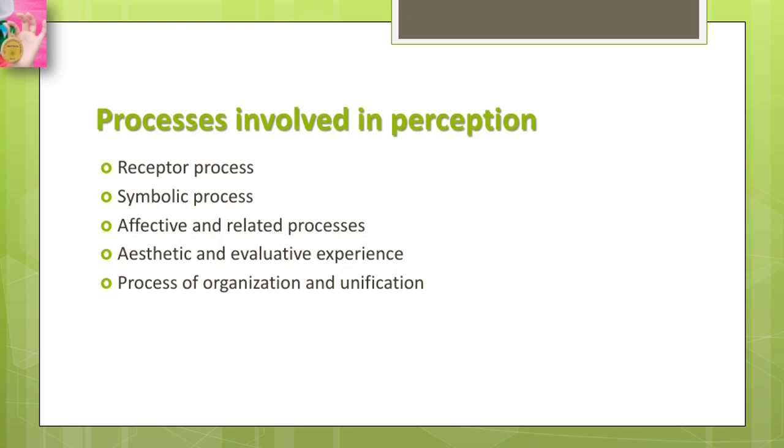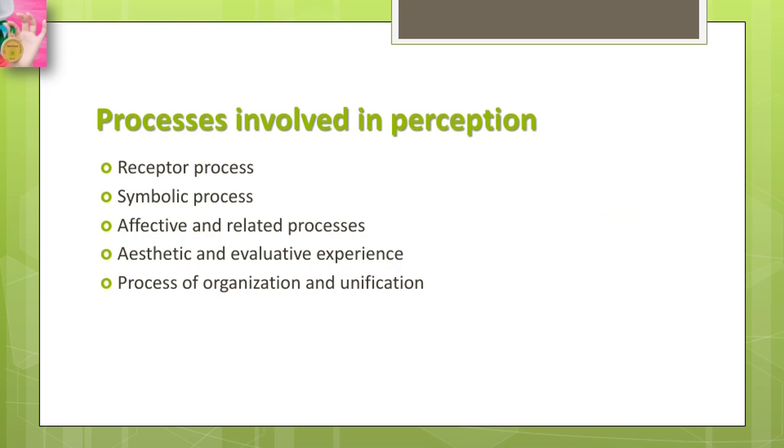The sight and smell remind us of previous occasions we have seen the rose, and these symbols appear as an image that represents the present stimulation of the object. I will discuss the processes step by step.